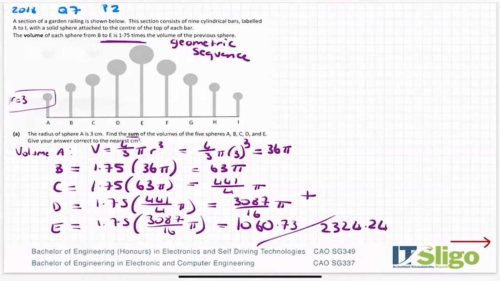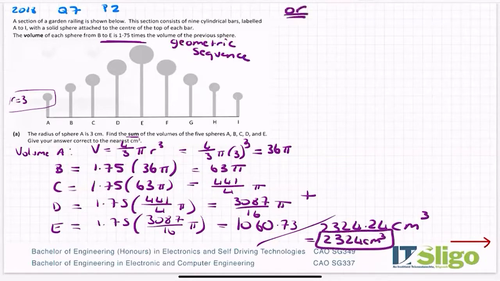Don't forget the centimetres cubed for the total volume. Give your answer correct to the nearest centimetre: 2324 centimetres cubed. Okay, so that's that one done.